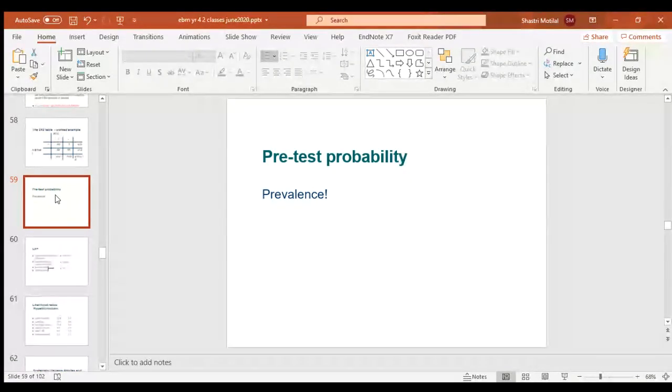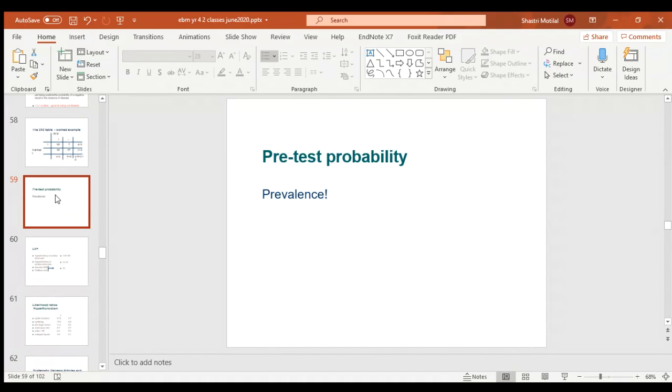Suppose I told you I had 100 patients coming in with chest pain, and I knew that patients like these are high risk for heart disease and 30% of them develop heart attacks.